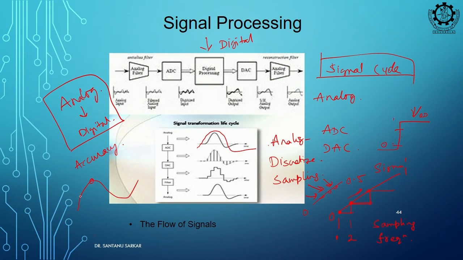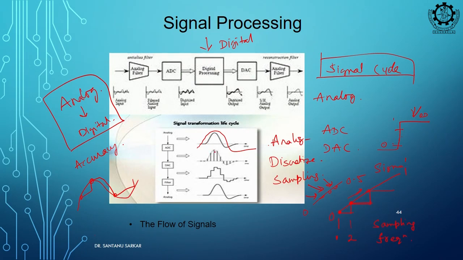No. But if you get at least a few data points, then more or less you can reconstruct the original signal, right. So, Shannon's theorem tells that your sampling frequency should be at least twice the maximum frequency component, that is known as the Nyquist rate, right. So, this is the first step in this conversion.